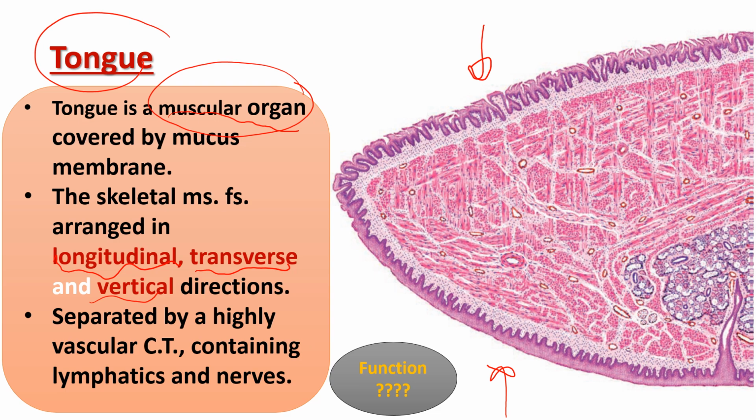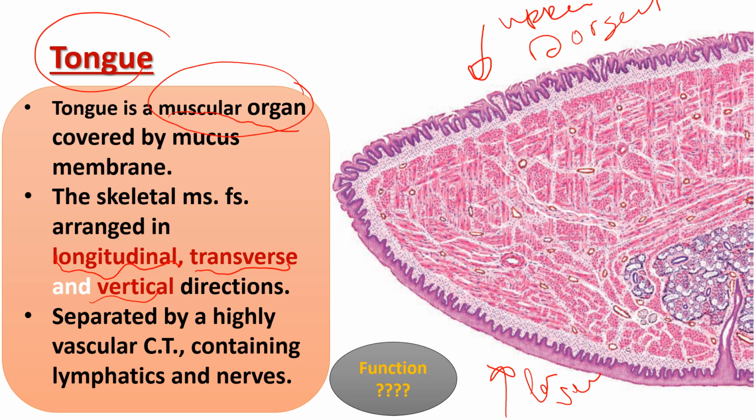This upper surface is called the dorsal surface, while the lower surface is called the ventral surface. So the tongue is a muscular organ made of skeletal muscle arranged in three directions: longitudinal, transverse, and vertical.